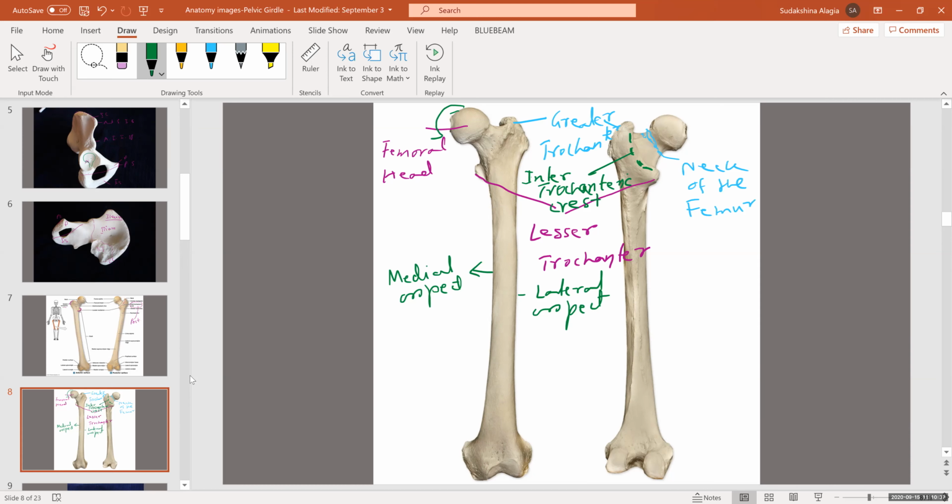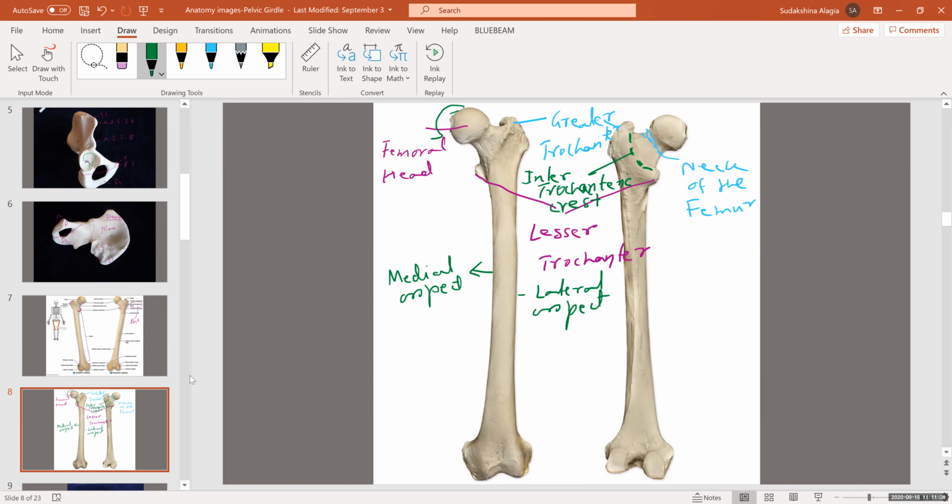Now we can safely name the medial and lateral epicondyles and condyles. Condyles are basically the articulating surfaces, as we learned. The condyles of the femur are visible on the posterior aspect, not on the anterior side.